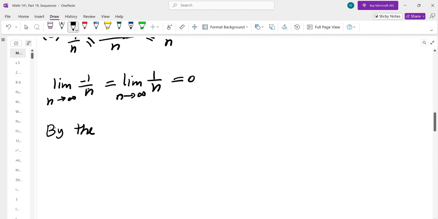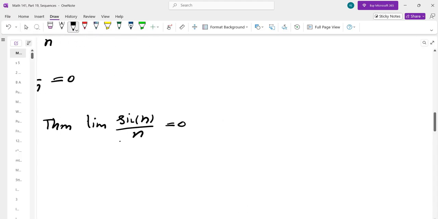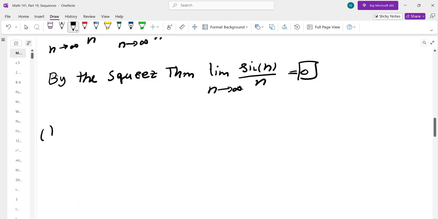So by the squeeze theorem, the middle limit would also be 0. So the limit of sine of n over n is 0 as n approaches infinity. So that's the answer to this part of the problem.